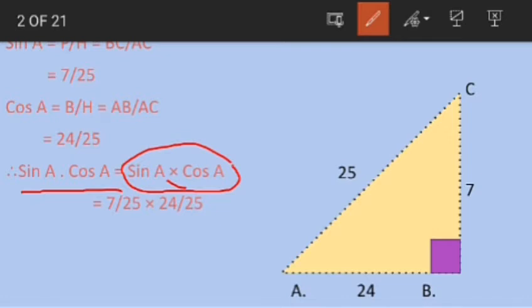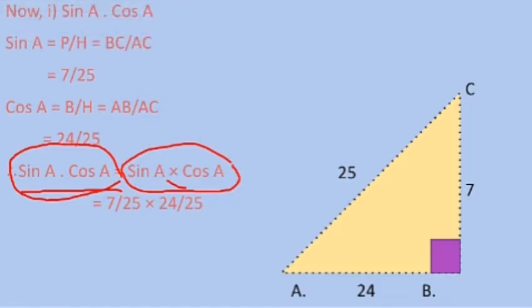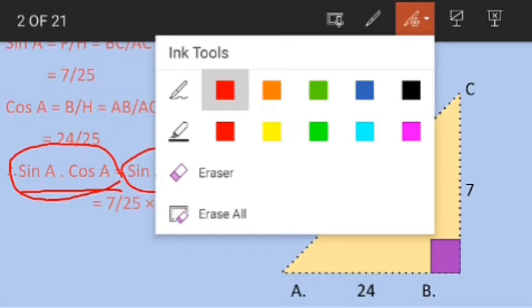Okay, class, always remember whenever you see this type of equation, it doesn't mean a simple decimal or a dot. It is a multiplication sign. So sin A into cos A means sin A multiplied by cos A. Now since we have both the values, we can substitute them here.